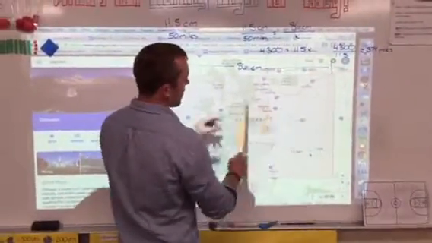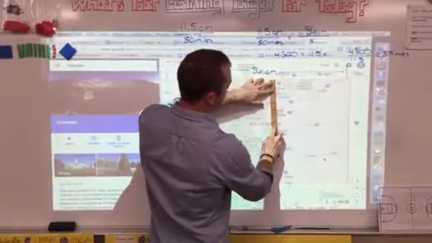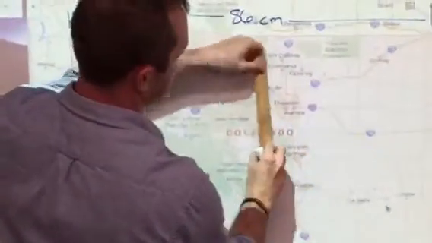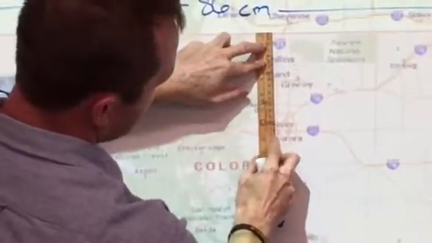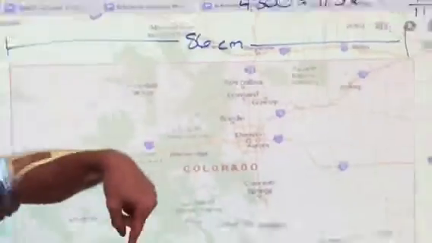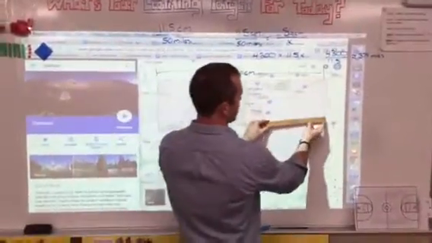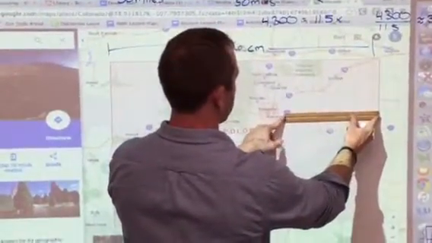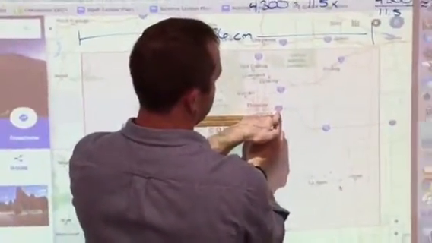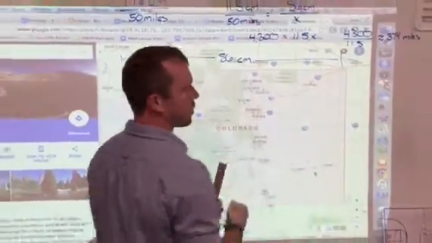It's 50 miles, so I'm going to measure from the top down. Oops, I need centimeters. And it is approximately 16 centimeters to the south. And then I also need to measure from here, and I would get approximately 35 centimeters from the east corner.